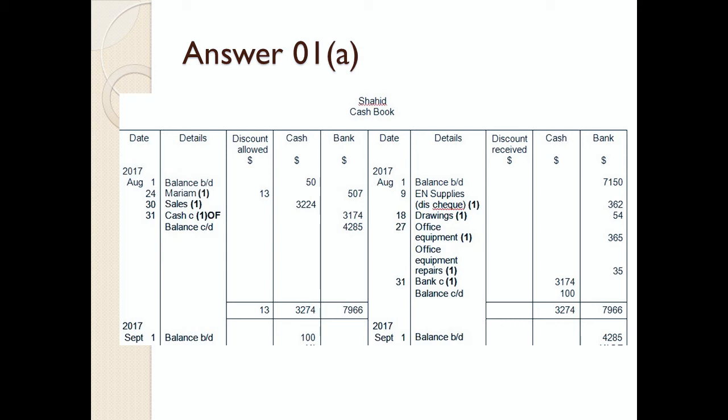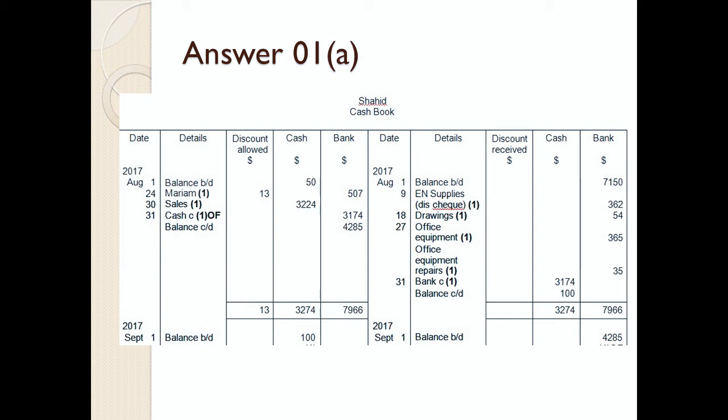Here comes the credit side of the bank account. Previously you had overdrawn 7,150. So payment 362 hits your bank account. Again drawings 54, and you bought 365 of office equipment and 35 for repair.